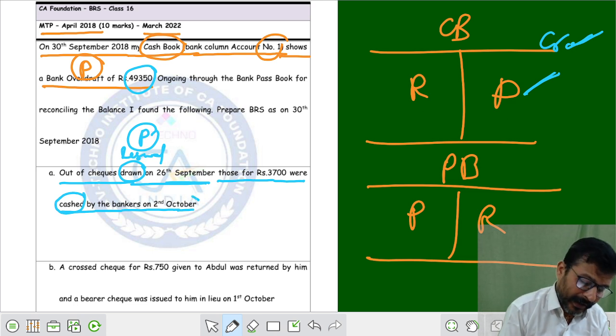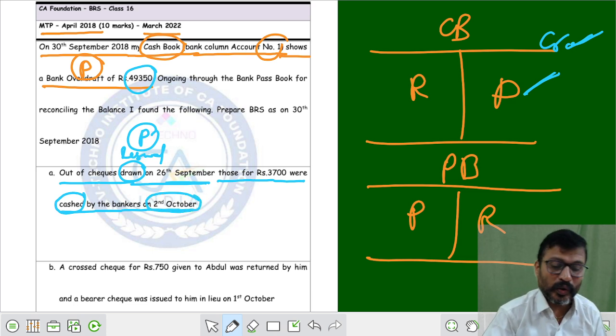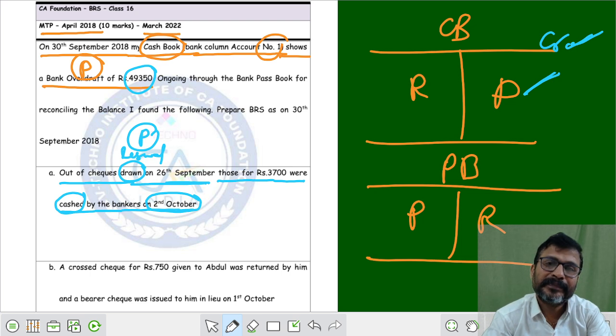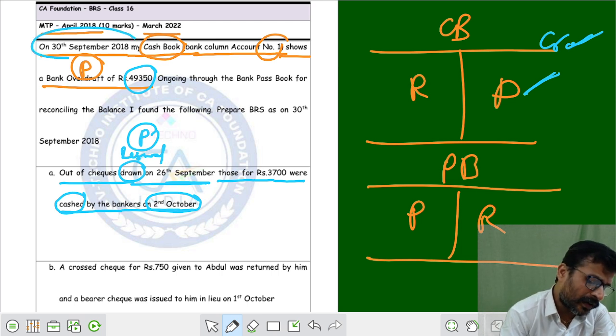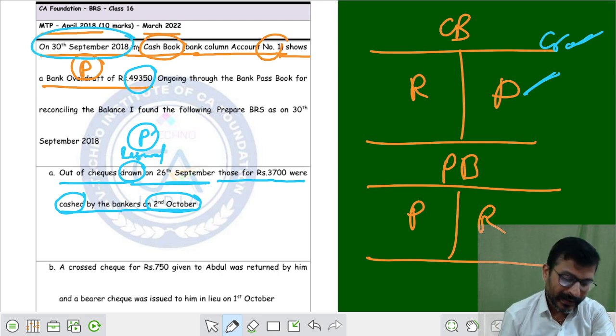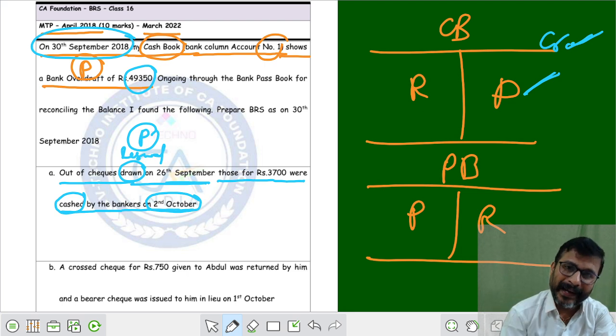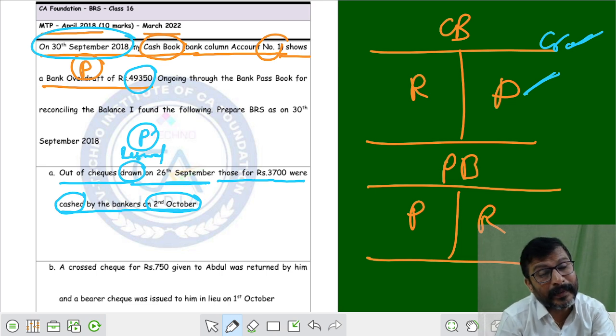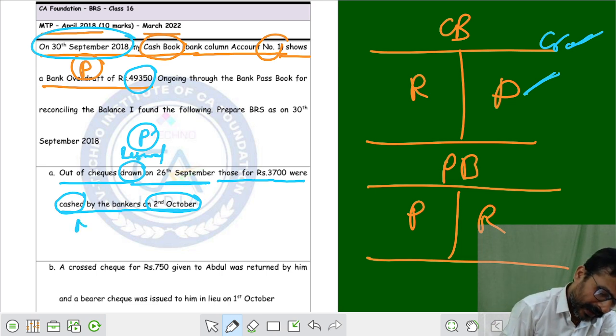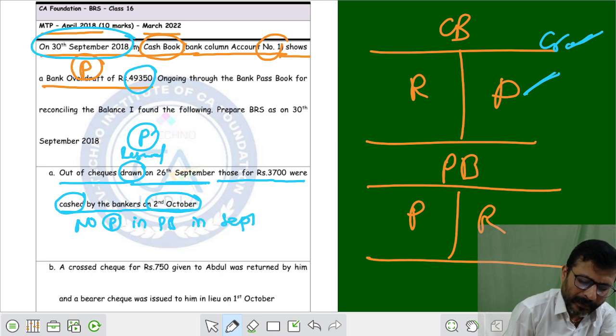Paid. When is it paid? On 2nd October. You are doing the answer for 30th September. Since payment is made by the banker in the month of October, but no payment in the month of September, we can say that no payment in passbook in September.